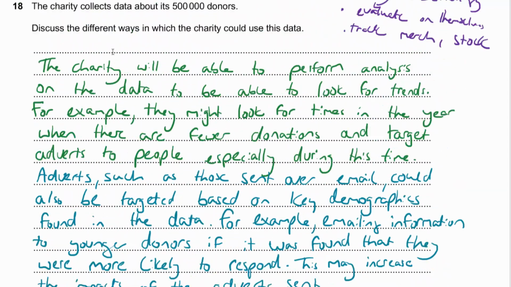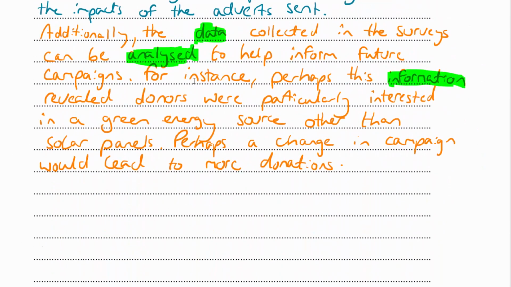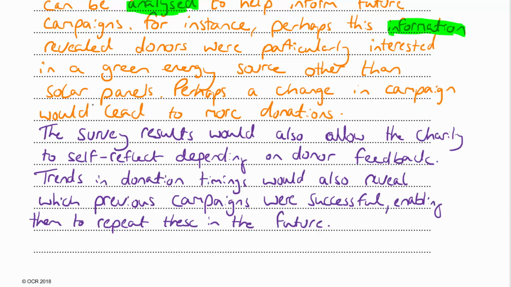My next point I jotted down was about evaluating themselves. So the questionnaire could do this, but looking at the donation patterns might also reveal how well they've done. So I've said the survey results would also allow the charity to self-reflect depending on donor feedback.